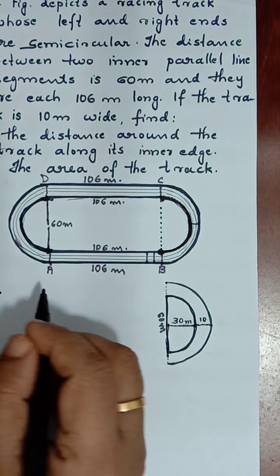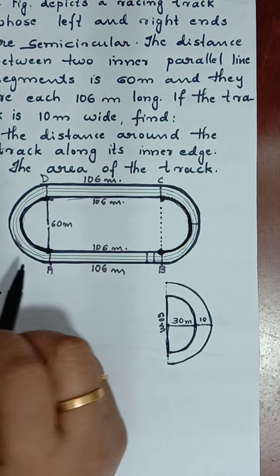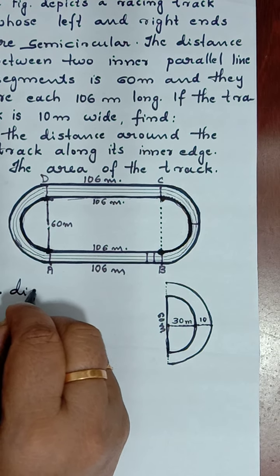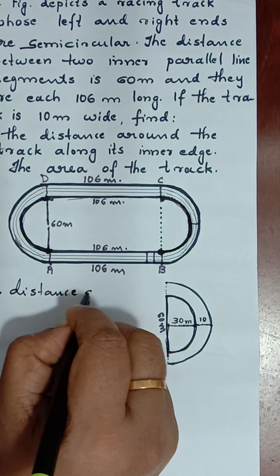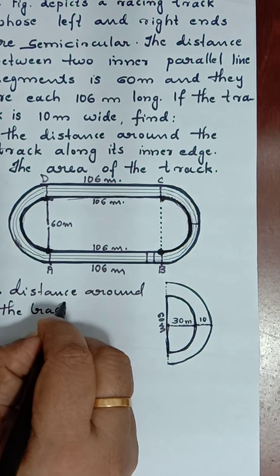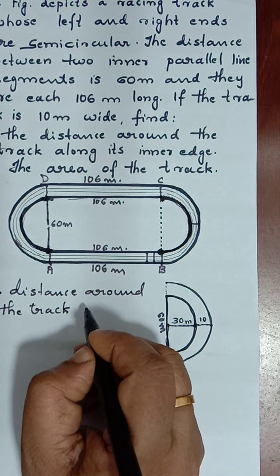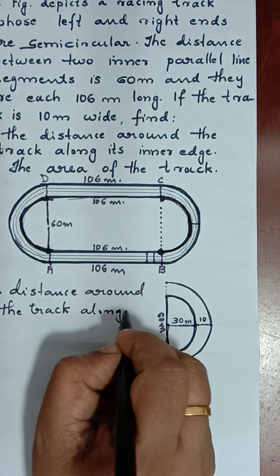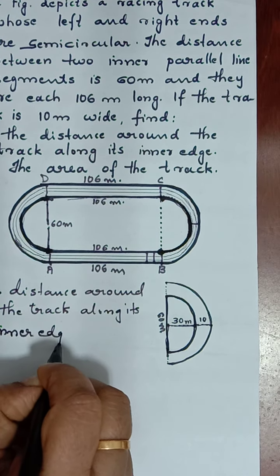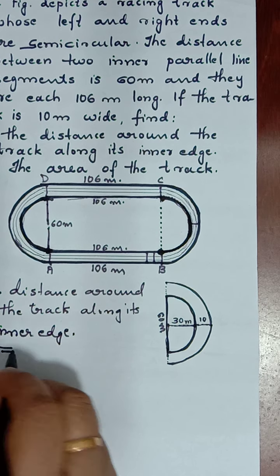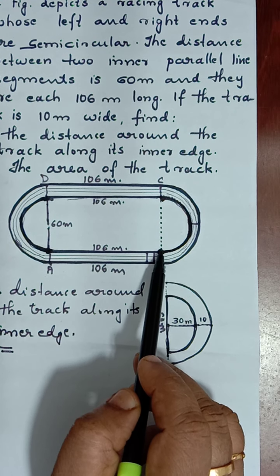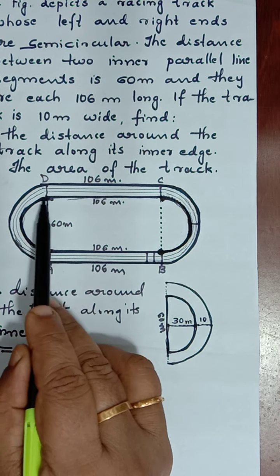Number 1, what is that? Here we have to write: distance around the track along its inner edge is equal to, as I told you, length, then the semi-circumference, then again length, then the semi-circumference.